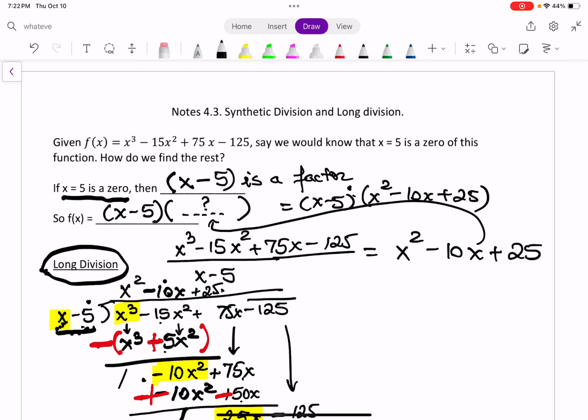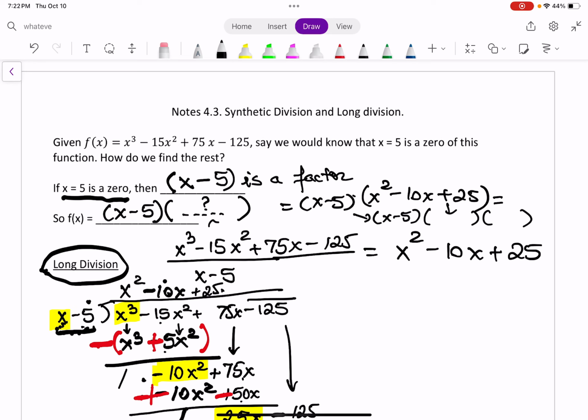Now I have a quadratic, which, by the way, again, factoring is so important because now we keep using it. So we already know how to further factor this quadratic.